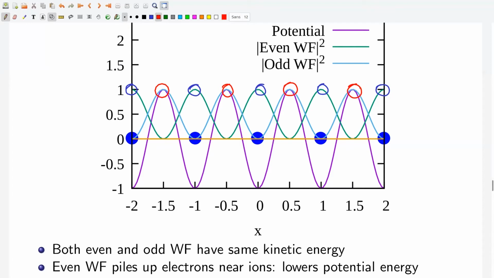Let us calculate the potential energy difference between the even and odd wave function in one unit cell. Length of the unit cell is the distance between the two adjacent lattice points.